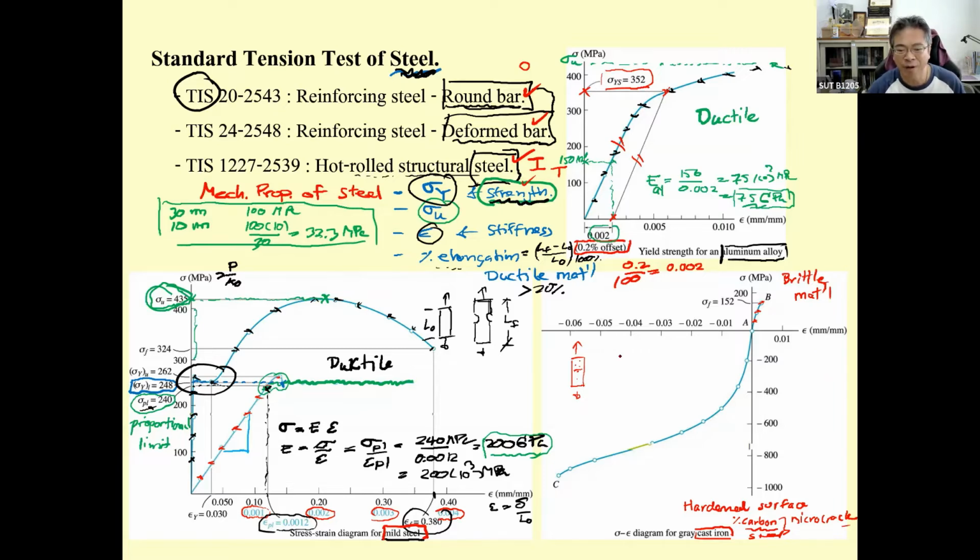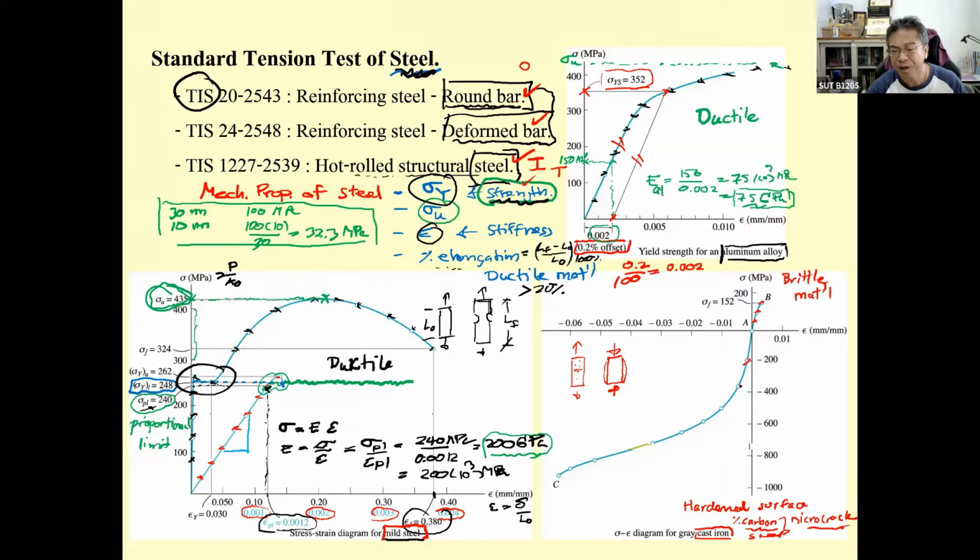We call this a brittle material. However, for the same material, when you put compression into it, the micro cracks close to each other, and there is also bulging of the material. So the area that takes the force is going to be a little bit larger.